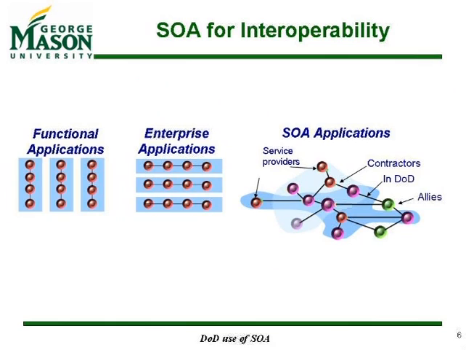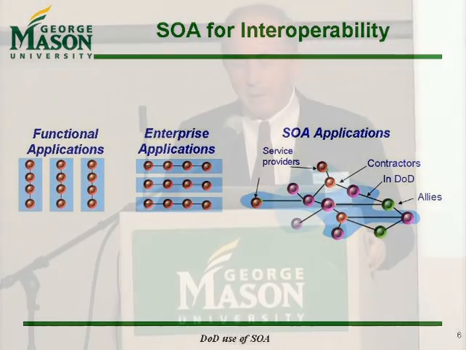Now, I just want to go over history. We know what the functional applications are. Enterprise applications are things which are connecting things horizontally. The large DoD applications today that account for about 40% of total spending are enterprise applications. They are huge isolated silos.